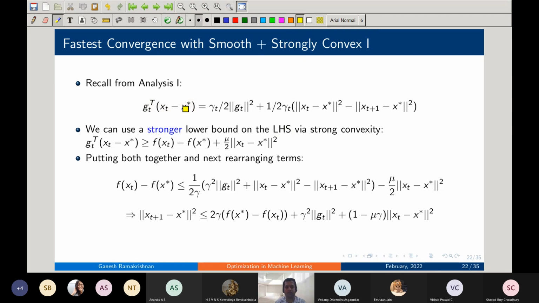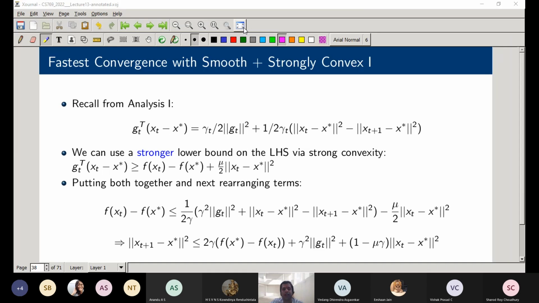Okay, so what we'll do is we'll basically put these two together. What are the terms you're putting together? On one hand, we have this f of x_t minus f of x star. Okay, and then on the other hand, we have mu by 2 norm x_t minus x star squared. Okay, that remains. And then we have this term on the expansion.